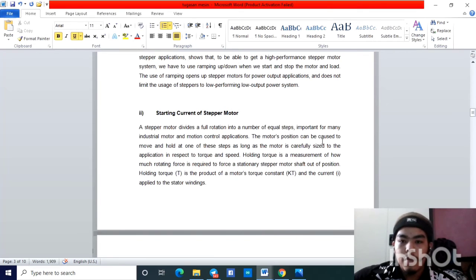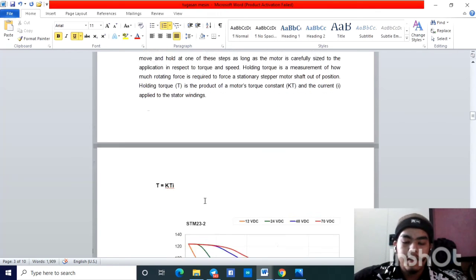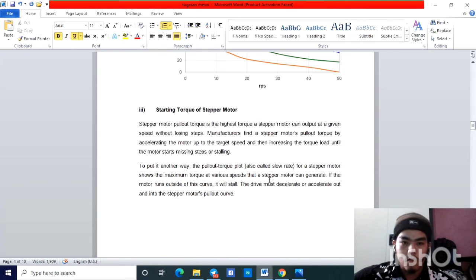The motor position can be caused to move and hold at one of these steps as long as the motor is carefully sized to the application in respect to the torque and speed. The formula is T equals KT times I, where T is torque, KT is the torque constant, and I is current. This graph shows that high torque is required. If we need high torque, we need high current at the start to move the stepper motor.